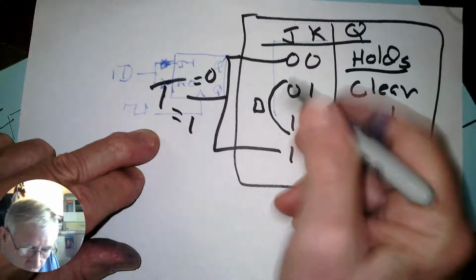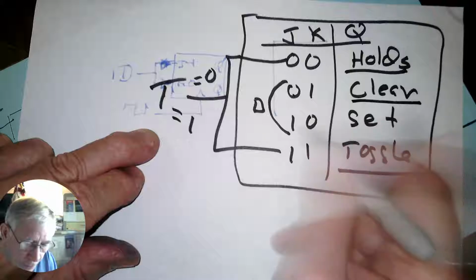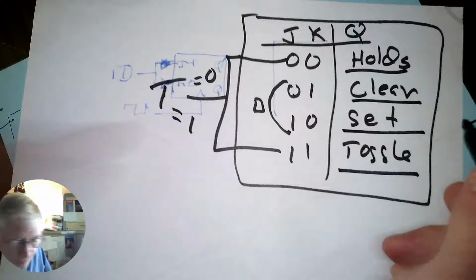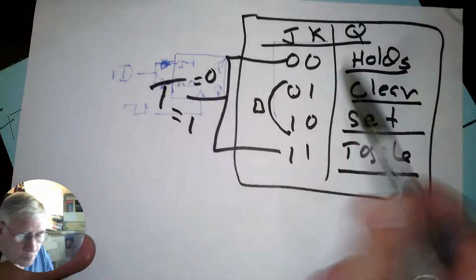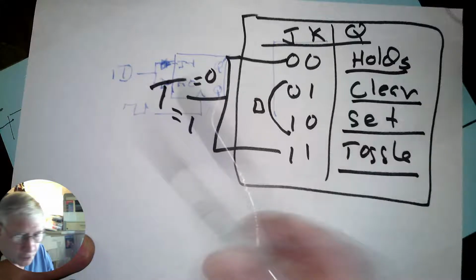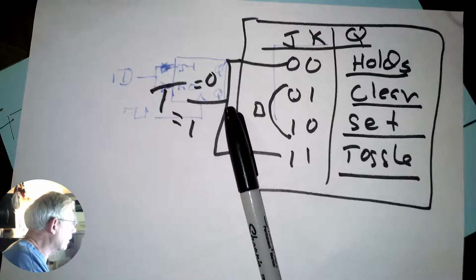On the D input, if D is 0, it's going to clear. If it's 1, it's going to set. And so you can think of the JK as being made up of both a T and a D, essentially. Okay, well, anyway. So that's kind of what I wanted to say.